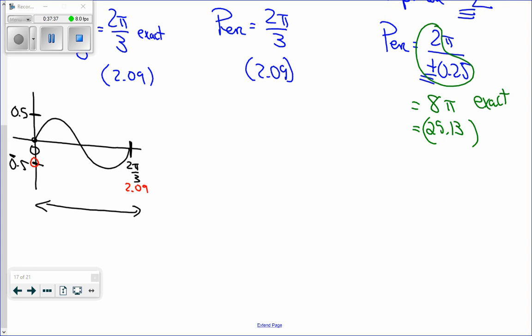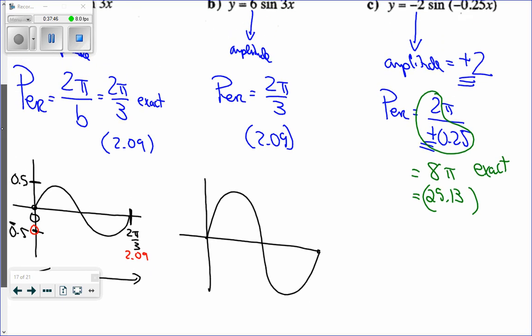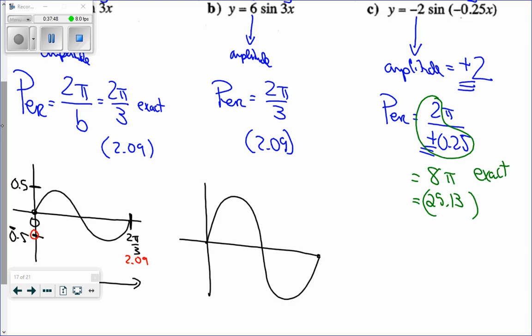So if we look at this guy, draw your sine in, swoop, right? Just draw it in. So what's my amplitude? 6. So it's going to go up to 6, and it's going to go down to 6. From start to finish, it's going to be 2 pi over 3, or if you wanted to use approximates, from 0 to 2.09.